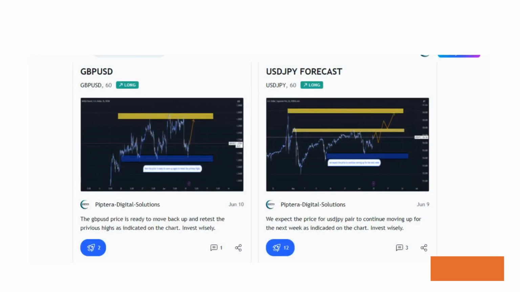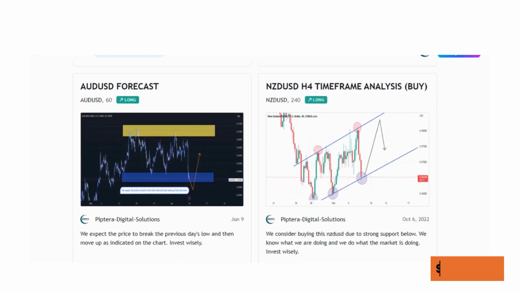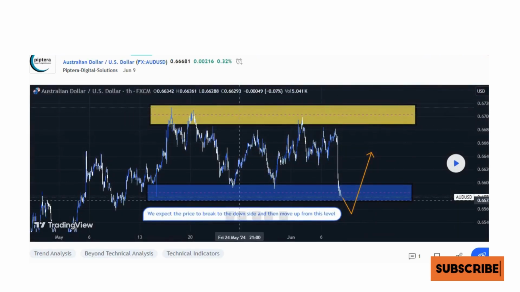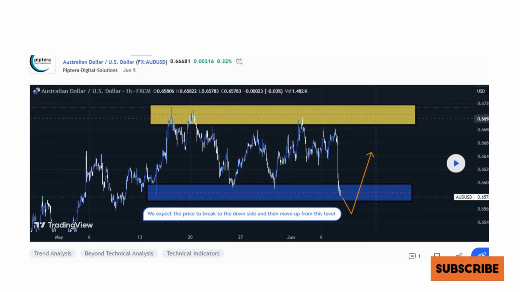Another pair, and I hope this will be the last one, is the Aus dollar. Our expectation was to see the price break to the downside and then move back up to test this resistance zone. Let's see what happened.